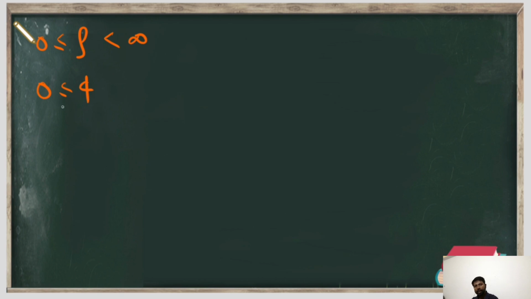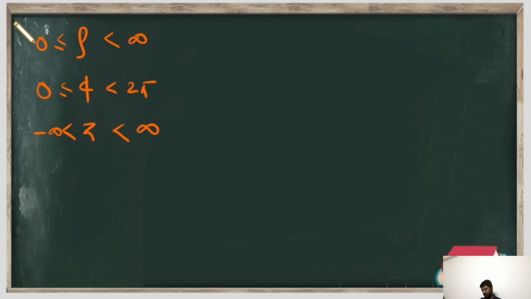So the minimum value of phi is 0 and the maximum value of phi is less than 2 pi, and the value of z lies between minus infinity to plus infinity.